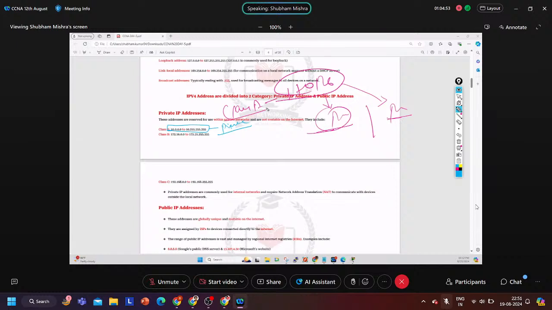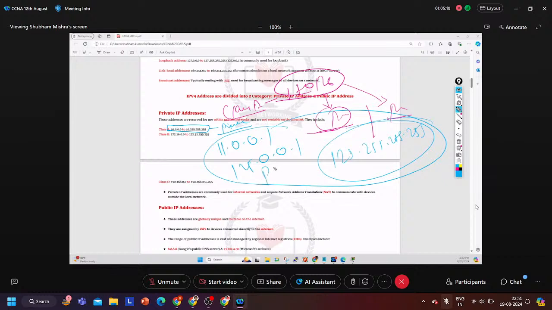For example, if I write 11.0.0.1, 125.0.0.1, or 123.255.255.255, are these private or public? Public. And 10.0.0.1 is private. I hope you understand, everyone.